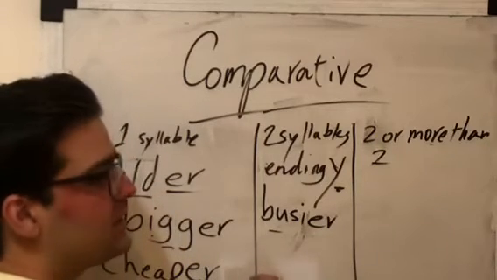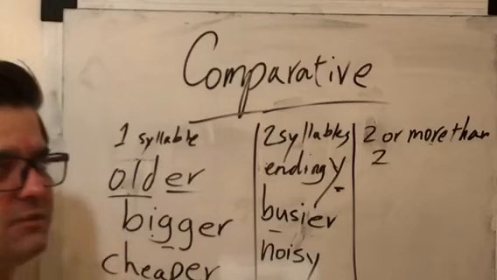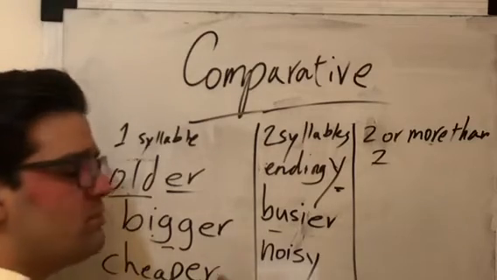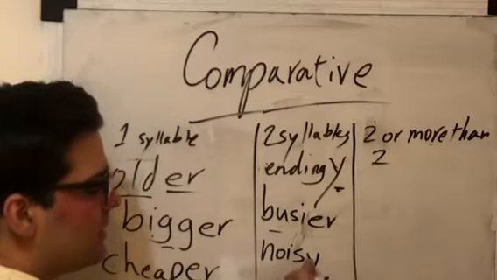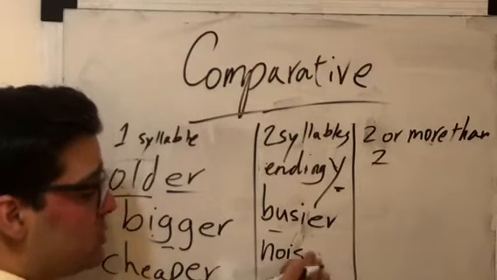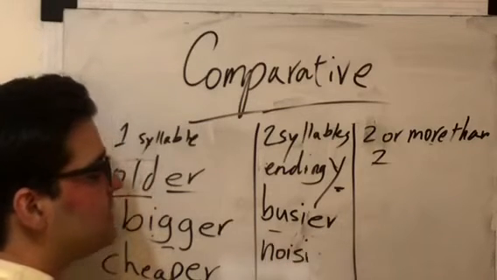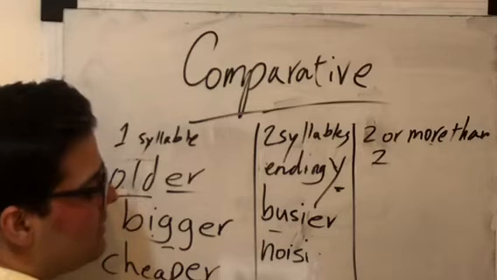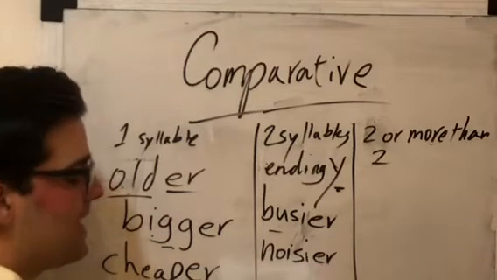For example, the other examples, noisy. Noisy is an adjective. When you want to make a comparative adjective to compare things, you need to remove y and put i instead of that, and you add er like this to make a comparative adjective.